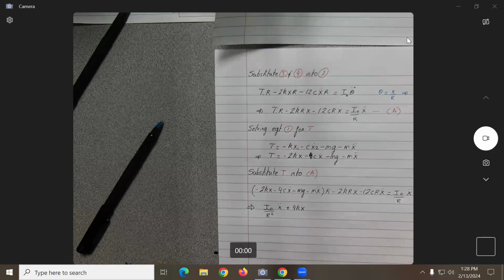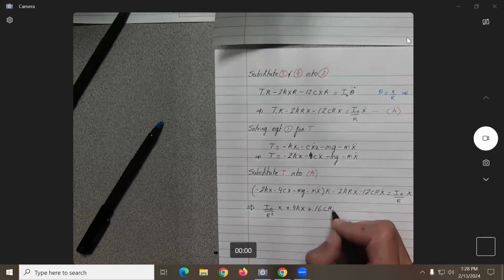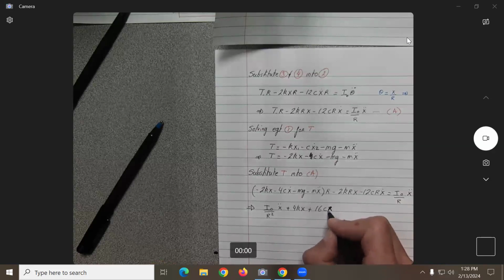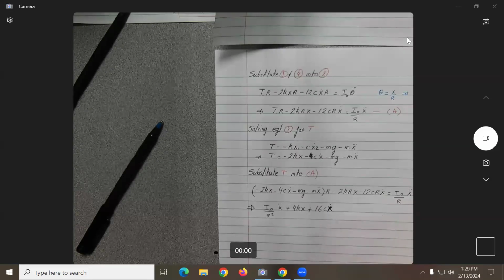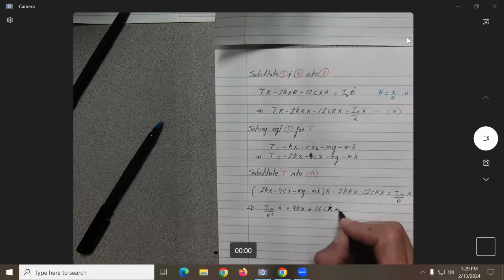What else? Plus, I'm moving everything to the other side, so plus 16 cr, no, the r cancels out, so 16cx dot, sorry for that. Plus mg equal to 0.